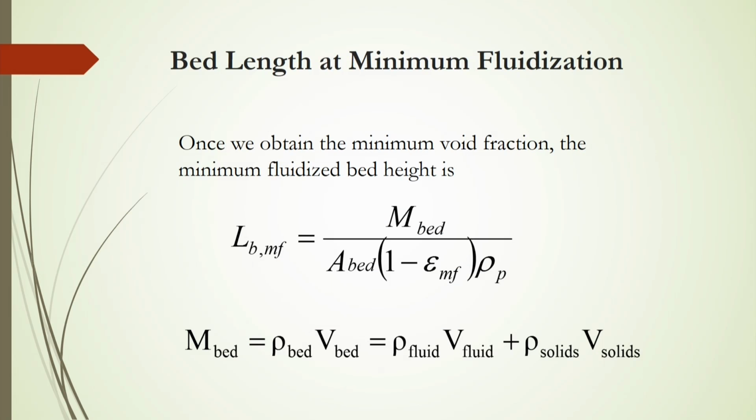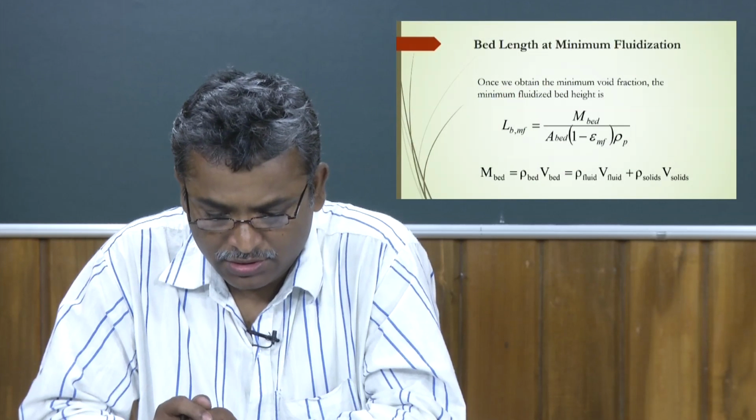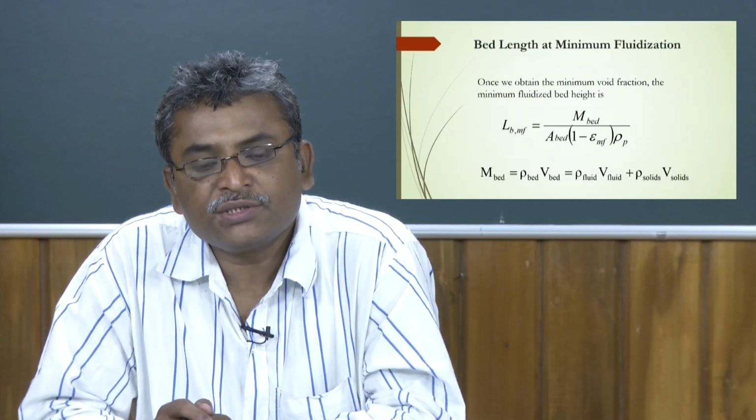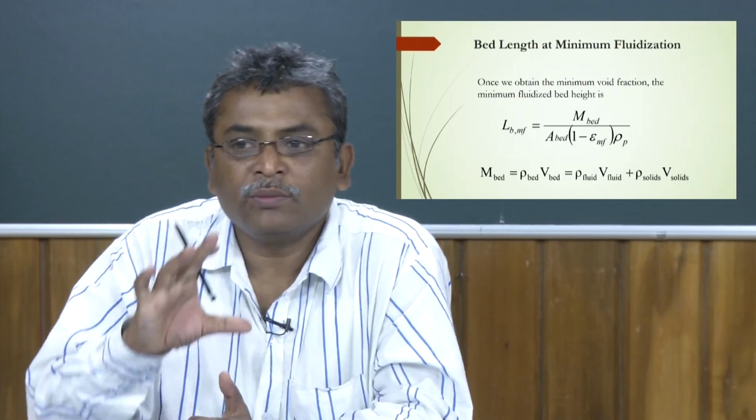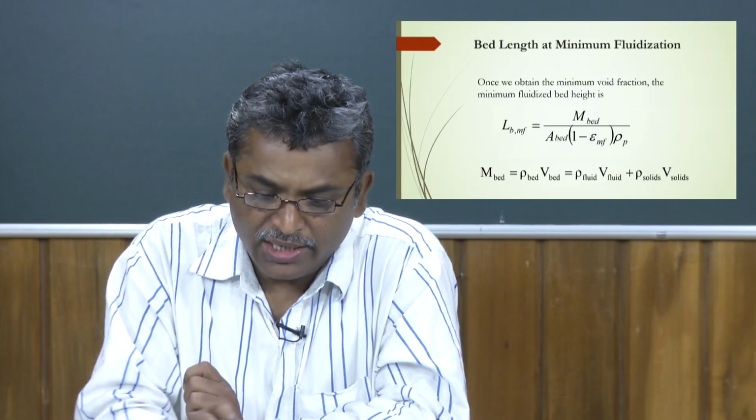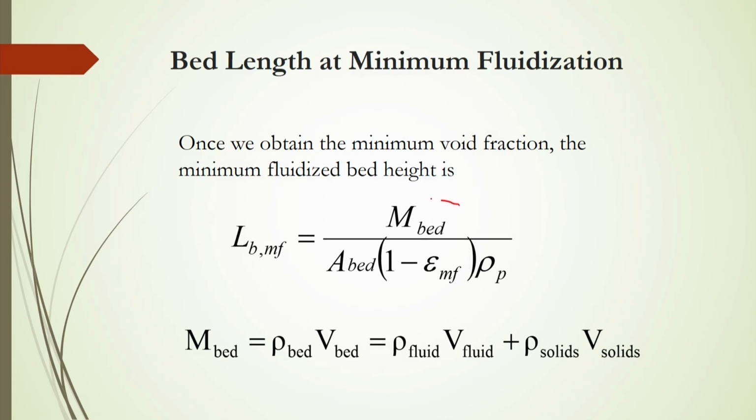Now, once you know the minimum voidage of the minimum fluidized bed, you will be able to calculate the length of the minimum fluidized bed. This length can be calculated from the mass of the bed. What will be the mass of the bed? It depends on the solid particles and the volume of the fluid and the volume of the solid, which you have to add. Mass of the bed is density of the bed into volume of the bed.